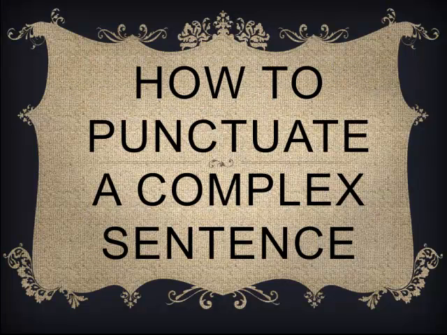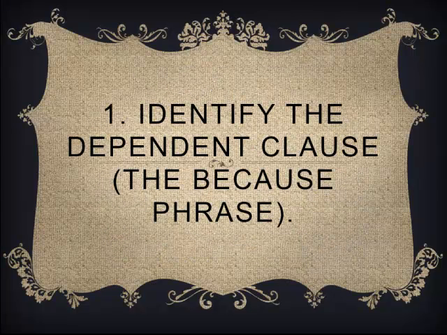So how do we punctuate complex sentences? It's actually a very simple rule. There are 3 particular steps. First, you need to identify the dependent clause. So find your because phrase. Where is it? Take your highlighter, and if you have your rough draft, highlight that whole because phrase. Just beware, sometimes there are multiple because phrases together. If you see multiple because phrases together, go ahead and highlight all of those, or give them a little circle or underline.